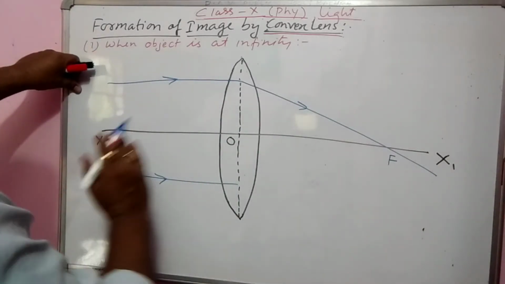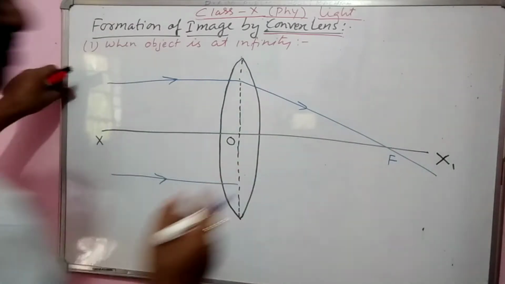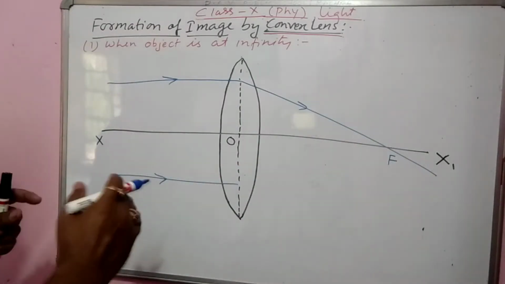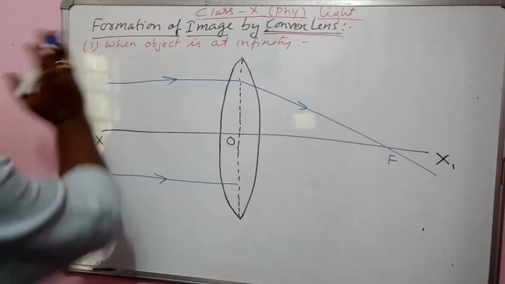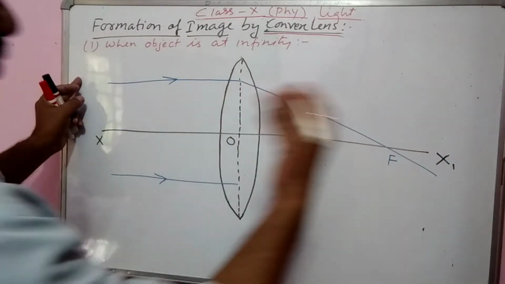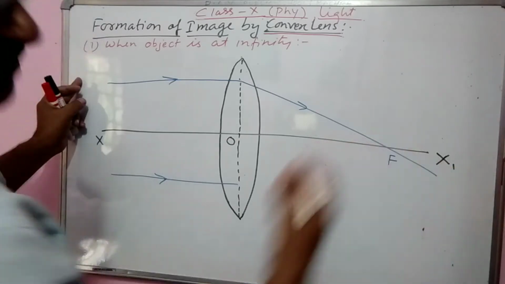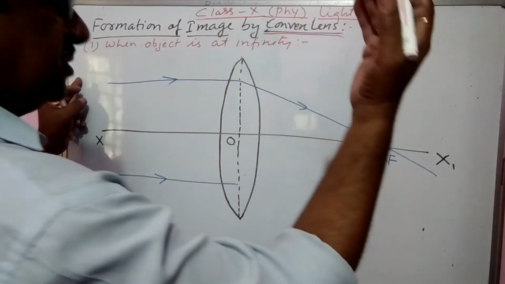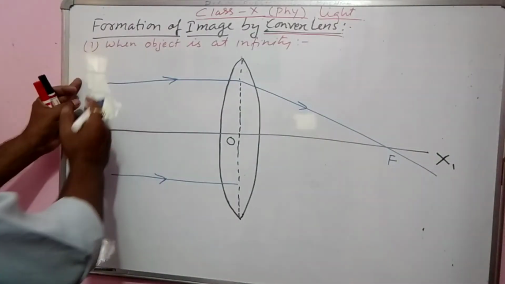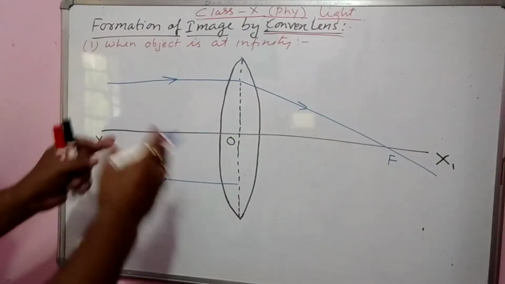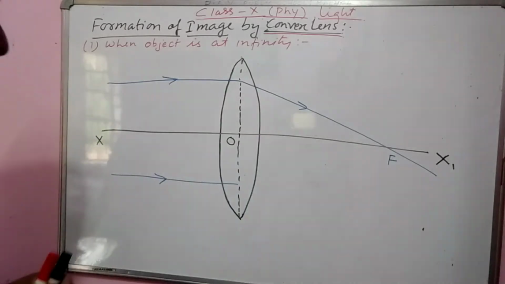One is the first principal focus, the other is the second principal focus. I am not going to confuse you on both sides. If your object is kept on this left side, the focus will be on the right side. If you take the object on the right side, the focus will be on the left side. And altogether we will consider two foci.